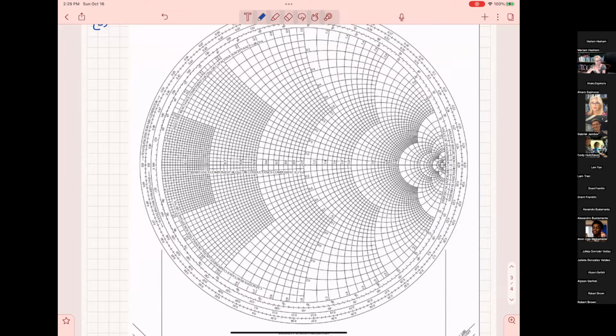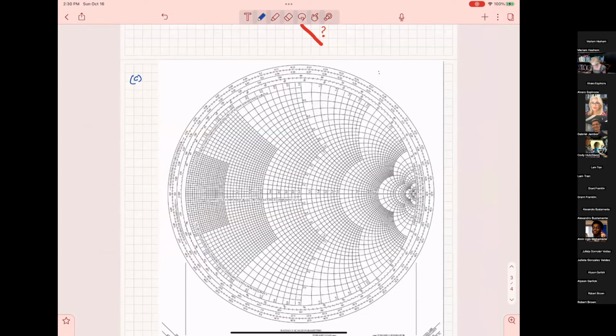Yes, you can go from impedances to admittances, but since we have not spent as much time with the Smith chart to make us really experts, I suggest on the same problem, you don't switch from an impedance to admittance in the middle of the solution on the Smith chart. You stick with only one. Impedances or admittances, only one. That's my advice. Not that you cannot do it, you can, but if you're not very proficient with the Smith chart, you can make a mistake easily. So in my case, I'm gonna stick with the Y sub L.